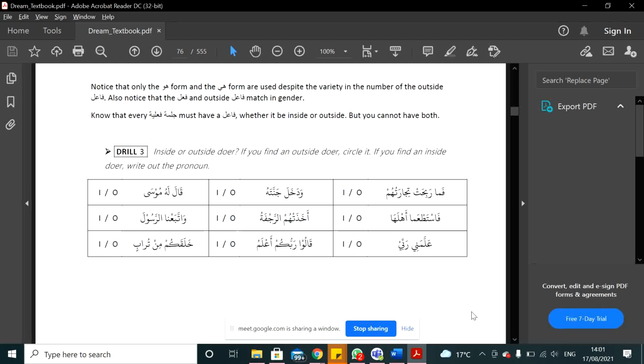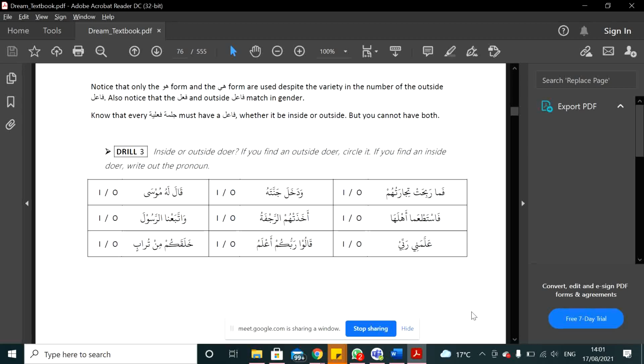Sister Hodma. Fasta'ama ahlaha. Forget the fa. Asta'ama ahlaha. Do we have this kind of alif ending in huwa or hiya format?